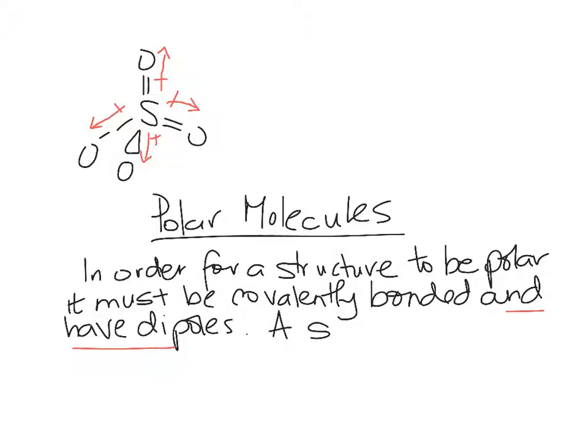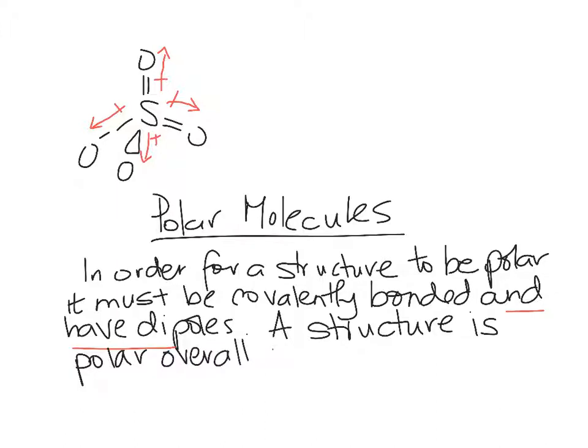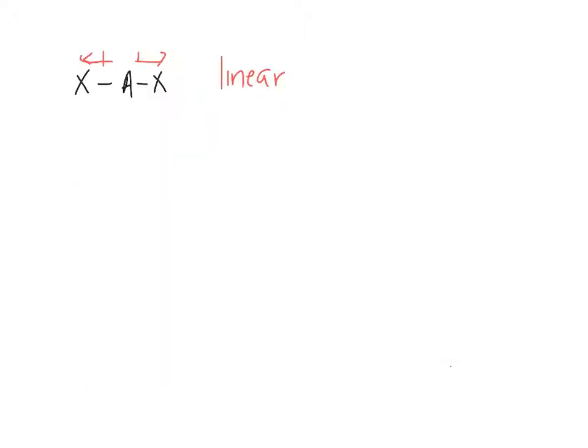A structure is polar overall if a net dipole results. So these dipoles are going to cancel.